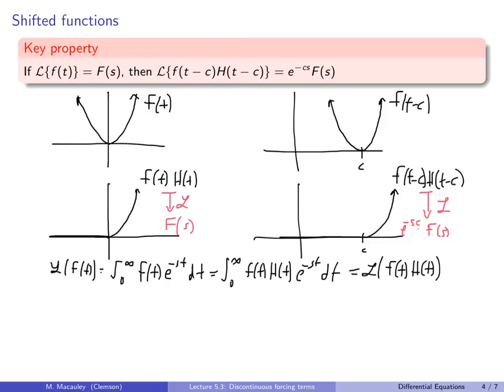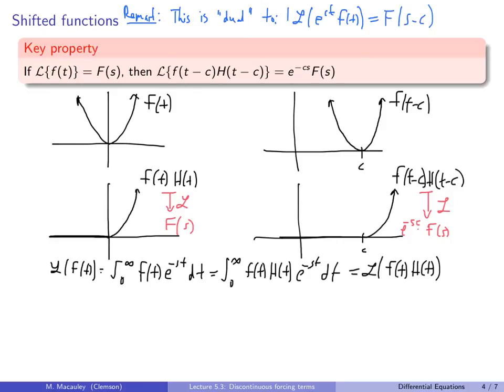Now let me remind you of another thing that we saw, I think, in the last lecture. So let's call this a remark. This is in some sense dual to the following property that we saw previously. The Laplace transform of e to the ct times f of t is F of s minus c.